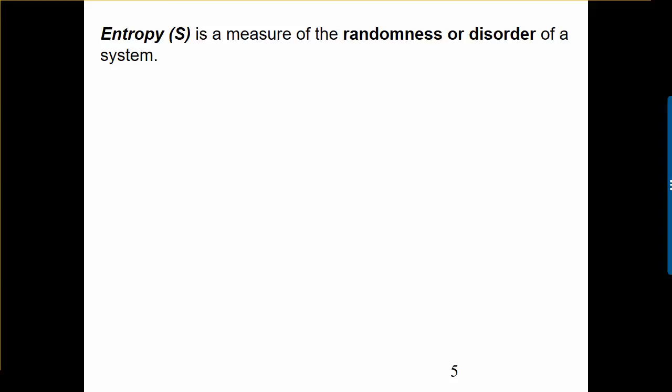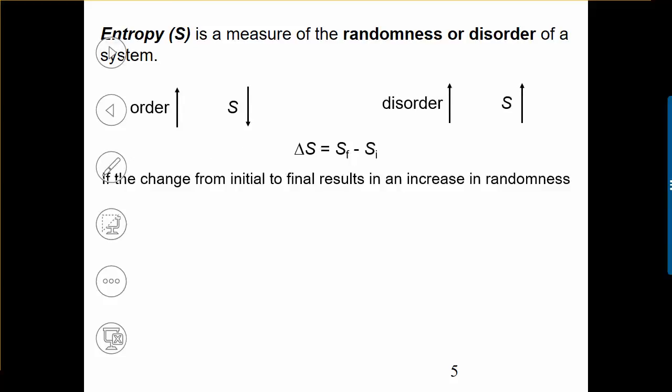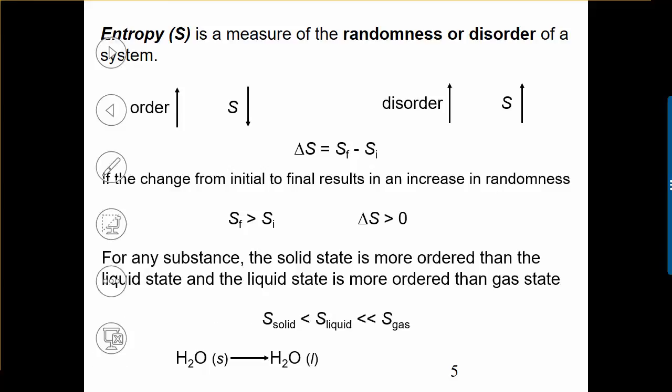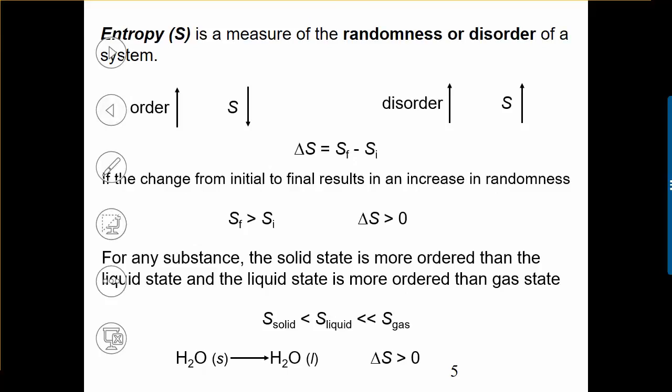But when I look at the randomness or disorder of a system, that is not necessarily a very easy thing to describe. You can look at it and identify whether the delta S is increasing or decreasing, meaning whether the order or disorder is increasing or decreasing. But actually calculating the amount of disorder versus the amount of order is an entirely different process.